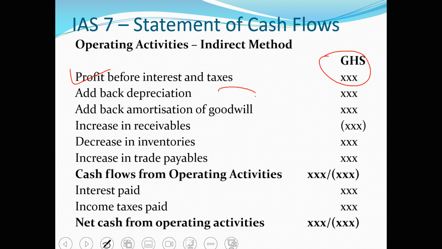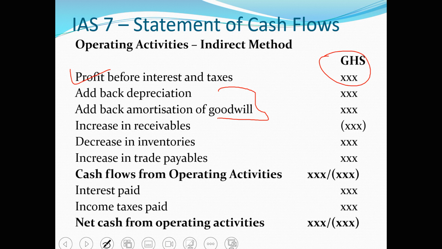These and other items will be described as non-cash. So you have to adjust all non-cash. Profit has non-cash items. Profit uses estimations, calculates depreciation, provisions, and all that are non-cash in nature. Your whole idea for the statement of cash flow is to extract cash out of profit or loss.